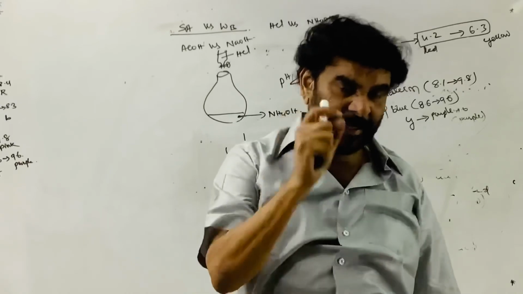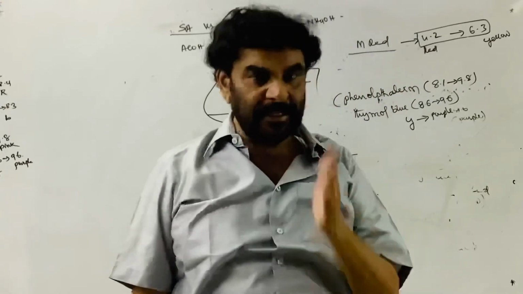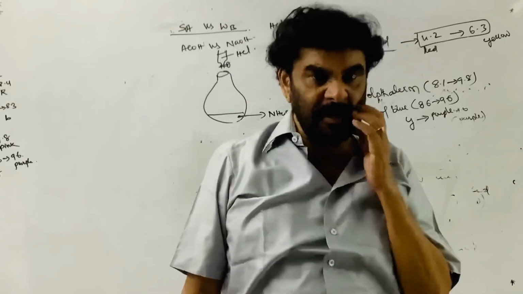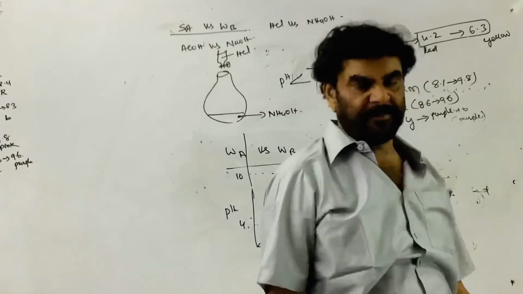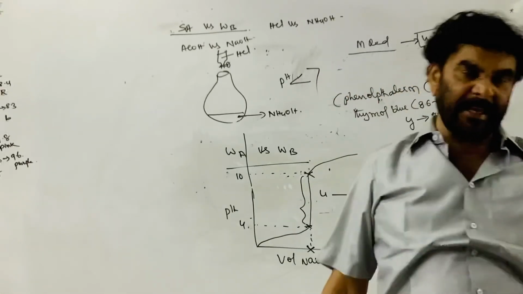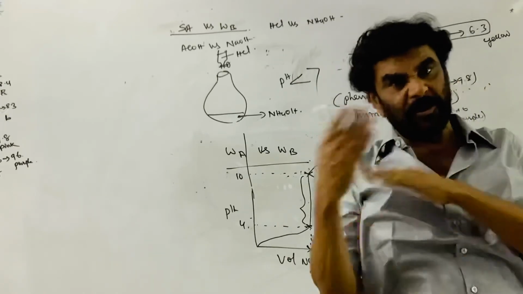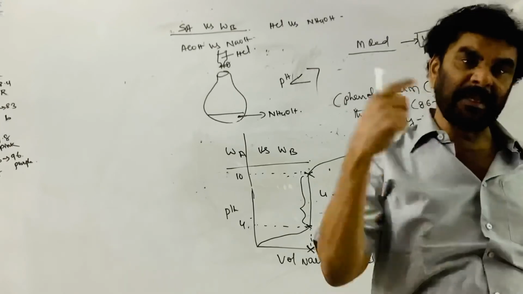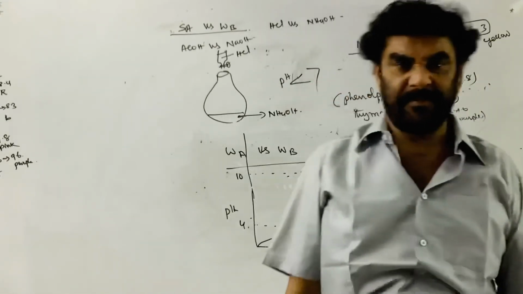So the indicator which shows color in the acid medium is to be taken, that is methyl orange, methyl red, phenol red, they are the best indicators. Suppose a weak acid like acetic acid is titrated with sodium hydroxide, finally the solution is alkaline, so methyl orange or thymol blue is the right indicator.